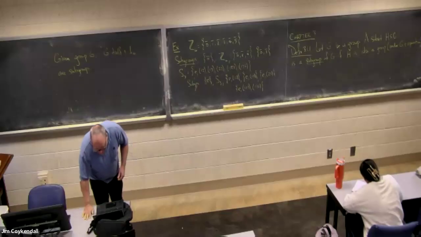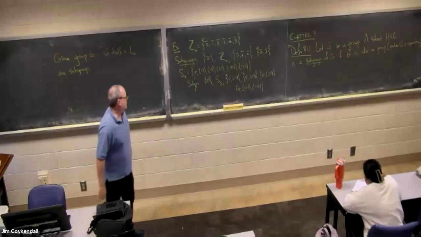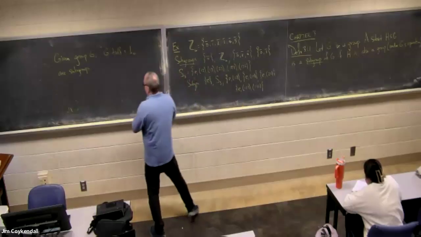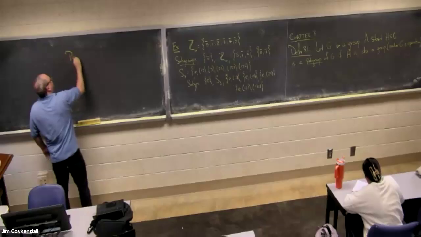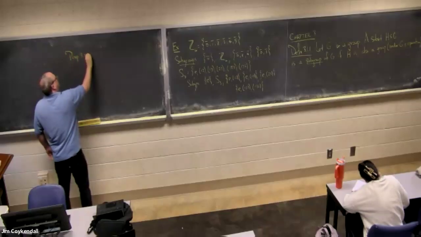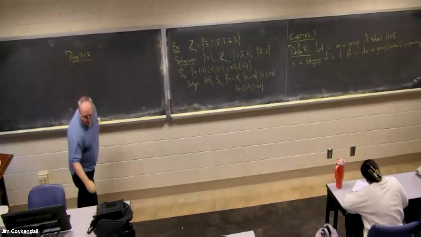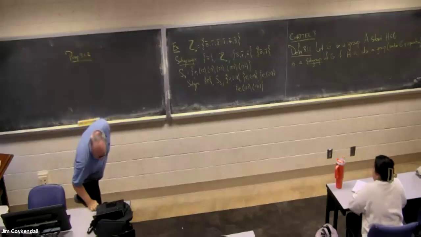The next time, in fact, I'll give you this on the way out, so you can put this in your practice folder, because this is actually called the subgroup criterion. This is an important theorem.